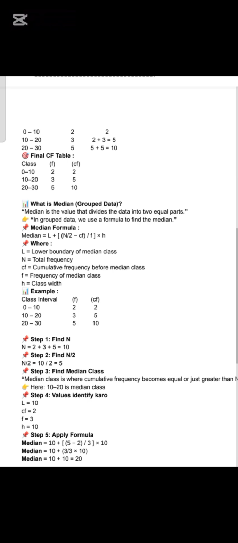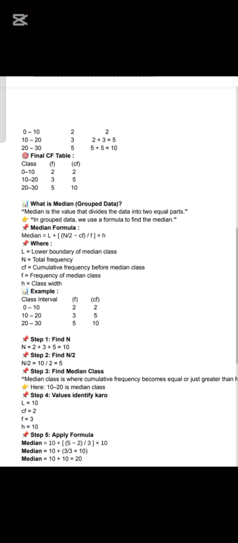Median is equal to L plus (N over 2 minus CF) divided by small f, multiplied by h, where L is equal to the lower boundary of the median class, capital N is equal to total frequency, CF is equal to the cumulative frequency before the median class, small f is equal to the frequency of the median class, and h is equal to the class width.